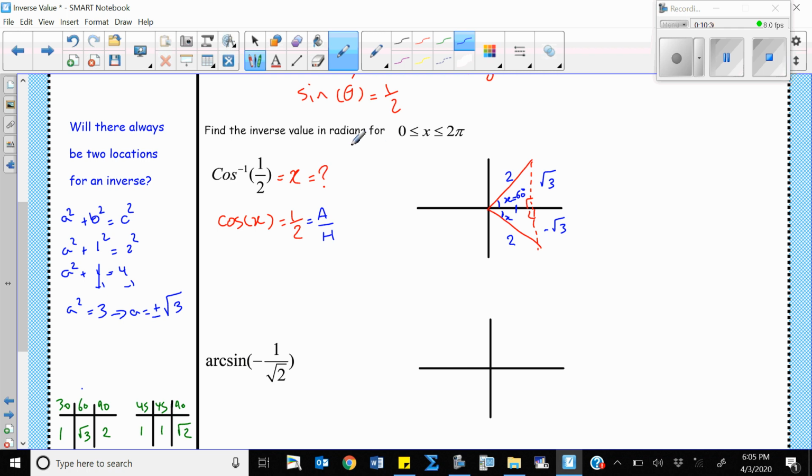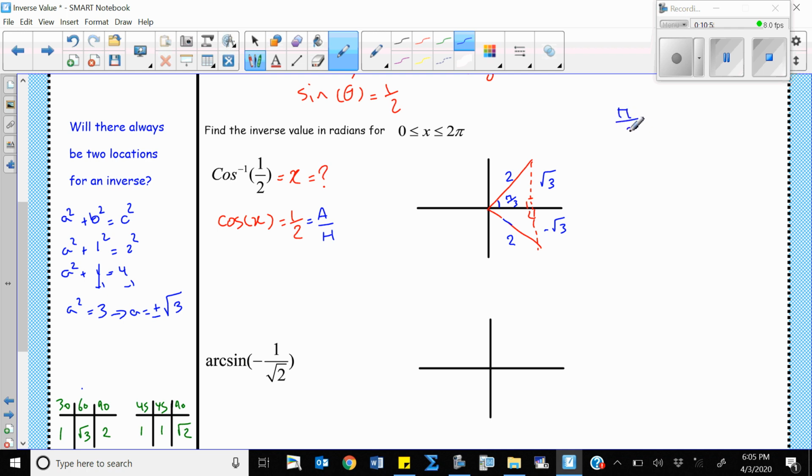Since I'm working with radian, I'm going to change this to radian form. So instead of writing 60, I'm going to write this as pi over 3. I hope you all remember that pi over 3 is equal to 60.